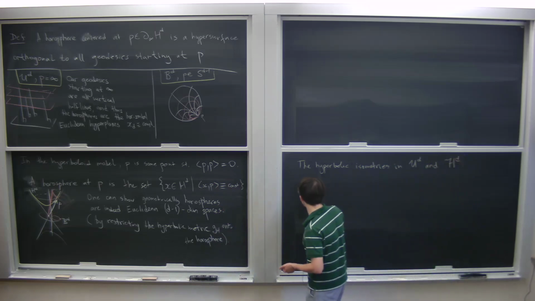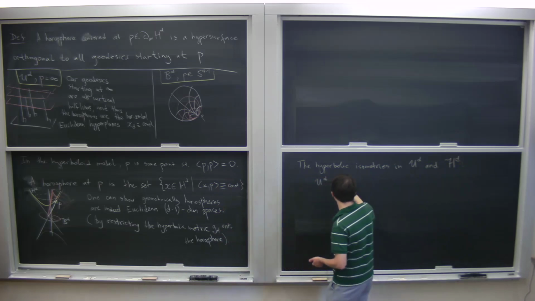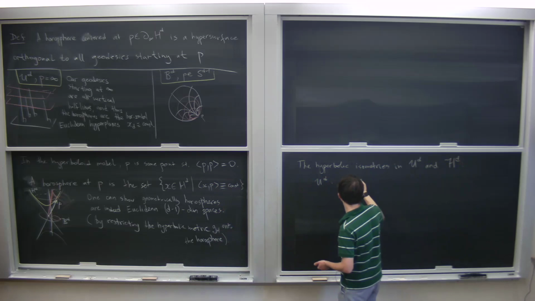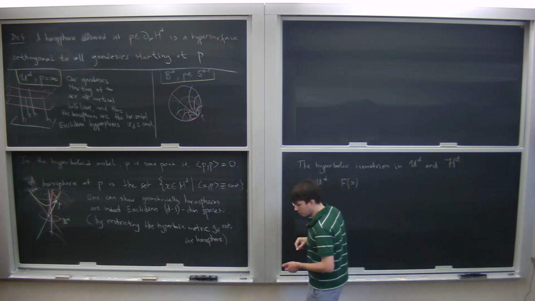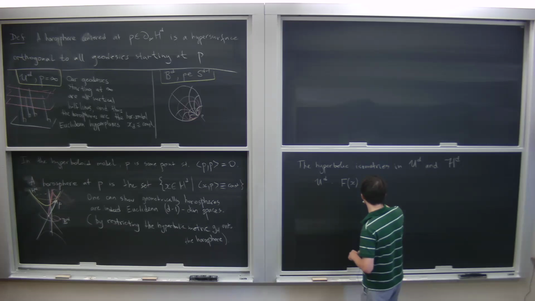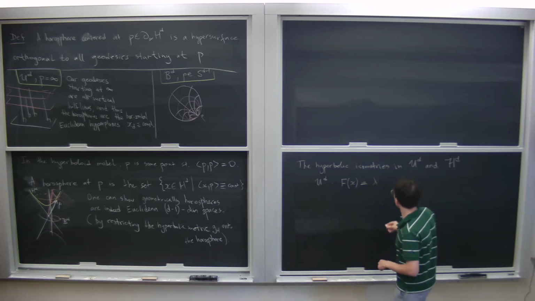In the upper half space model, so in UD, f of x is just lambda times the vector, the column of coordinates.